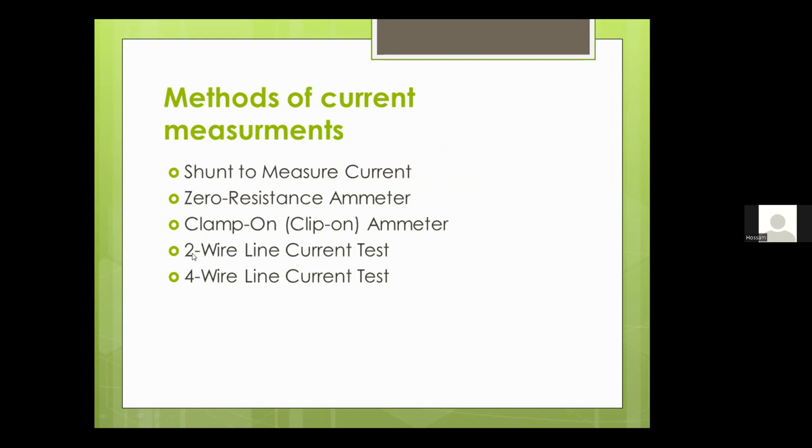We can also use the 2-wire line current test or the 4-wire line current test. The 4-wire line current test on a current span is the most common test method.